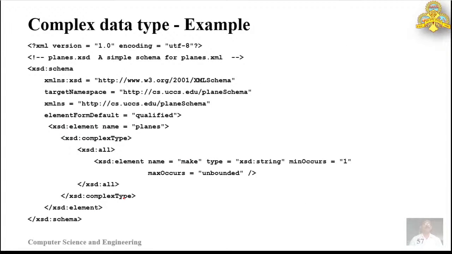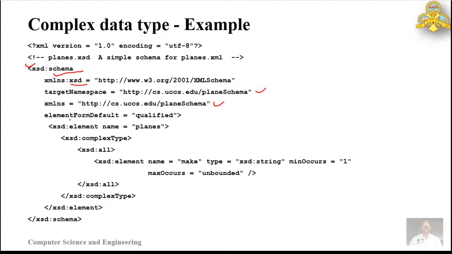So here is the example. Observe that this is the complete example for one XSD. The XSD schema prefix is explained here as xsd. Target namespace is provided and the default namespace is given here.